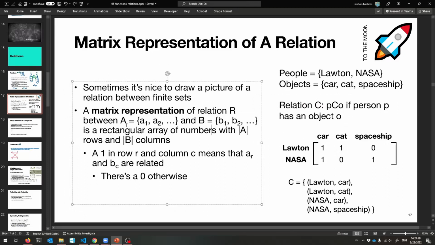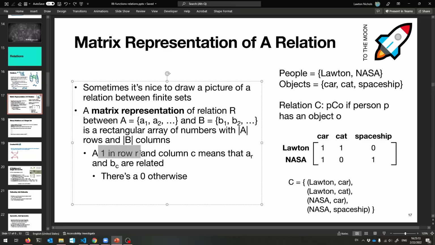It's a 2D array of numbers, and usually we put the first set as the rows, so A is on the rows, and the other set, B, the thing that's being related to by A, is on the columns. Okay? So, yeah.